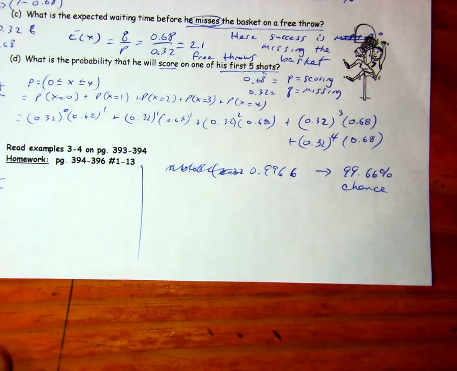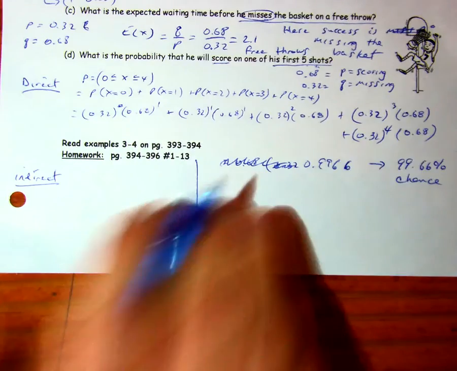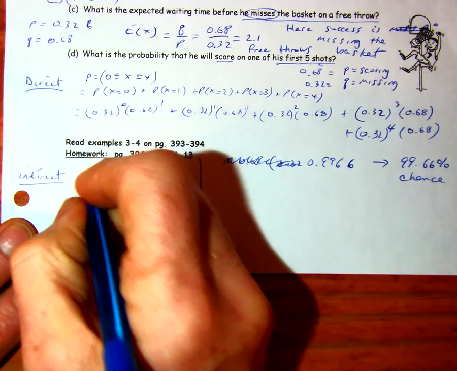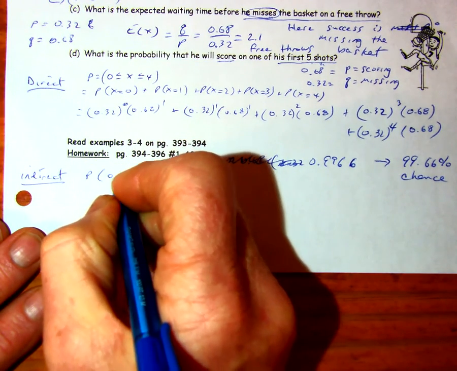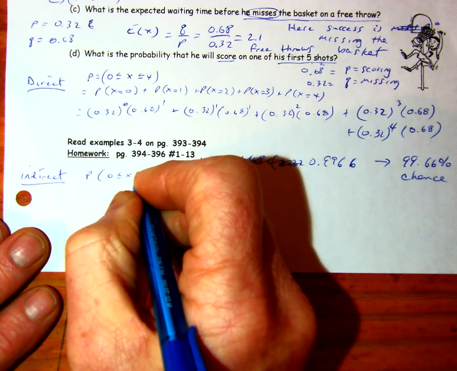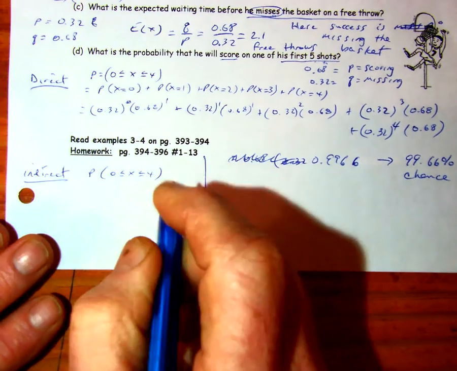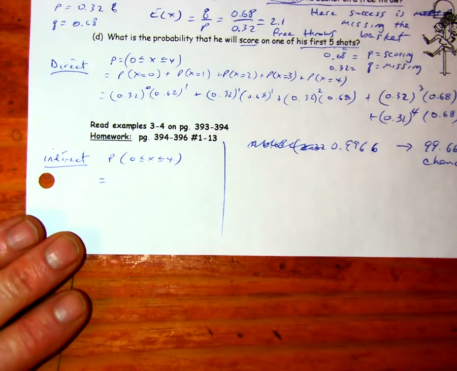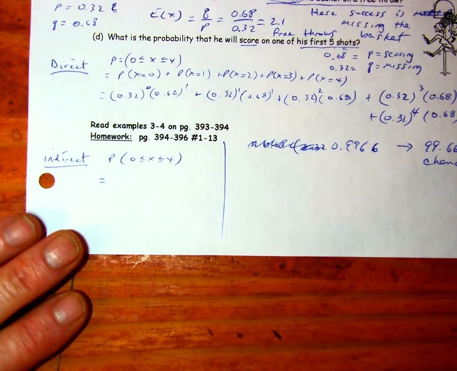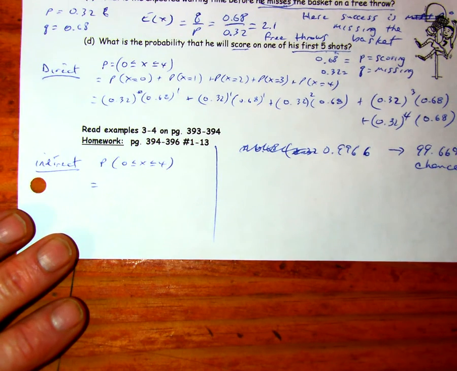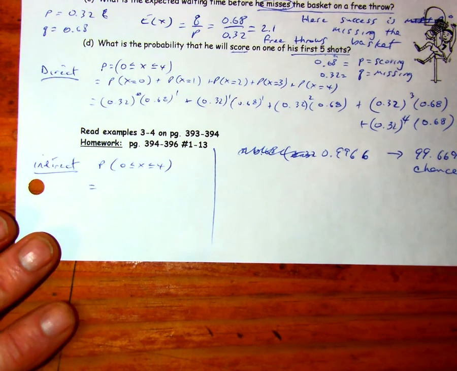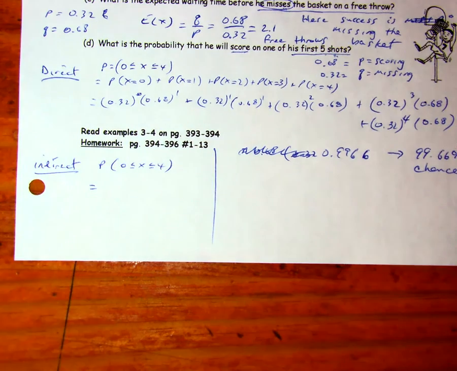Okay, or let's do it indirectly. The probability of x being between 0 and 4 equals, what's another way of doing it? He's shooting 5 baskets. He has 5 attempts and he misses all of them. He doesn't get a success, right?